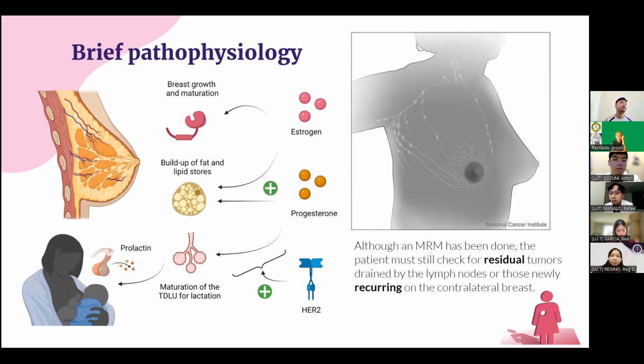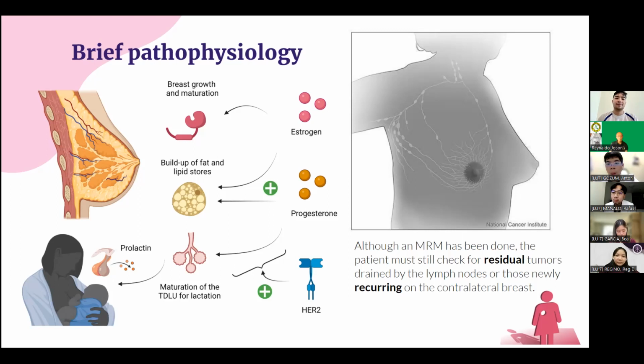What we know about the breast is that the hormones estrogen and progesterone go hand in hand in facilitating the growth of the breast and the maturation of the breast tissue, the buildup of the lipids, and the maturation of your terminal ductal lobular unit, ultimately to allow the mother to lactate for her child. And this is all amplified by what we call the HER2 receptor, which is an epidermal growth factor receptor. Meanwhile, the breast is also drained continuously by groups of lymph nodes.